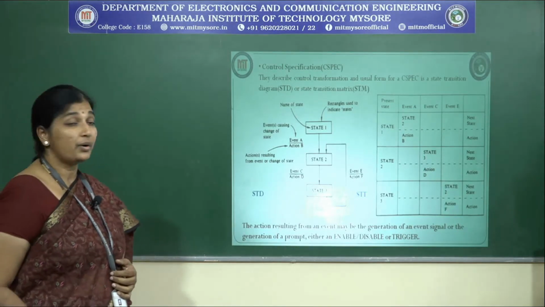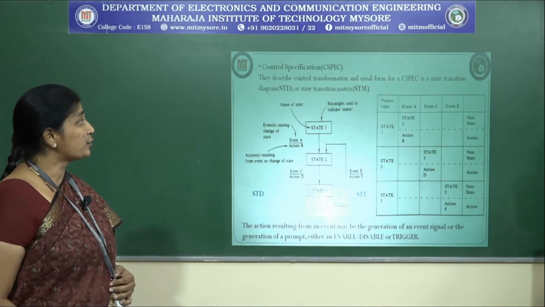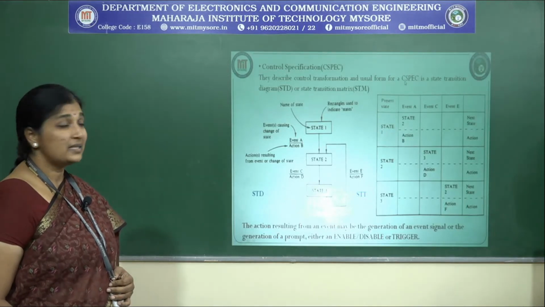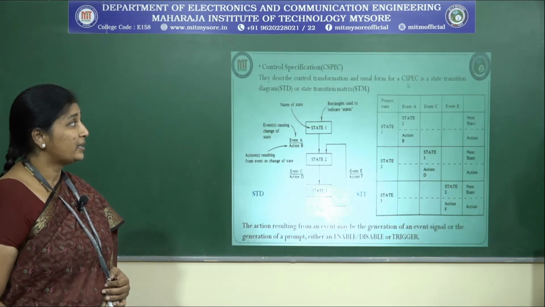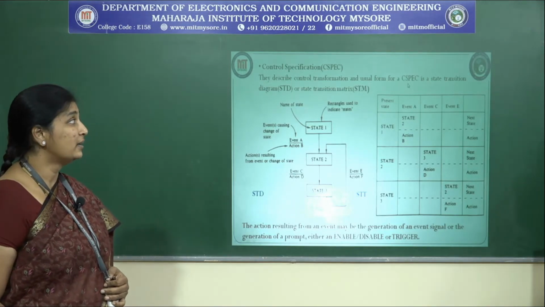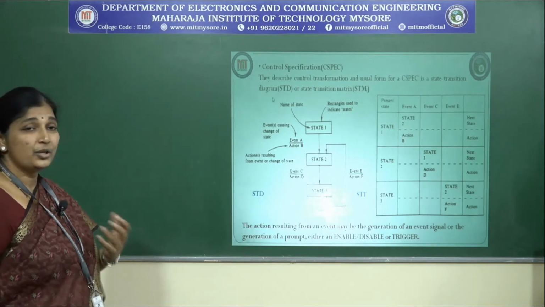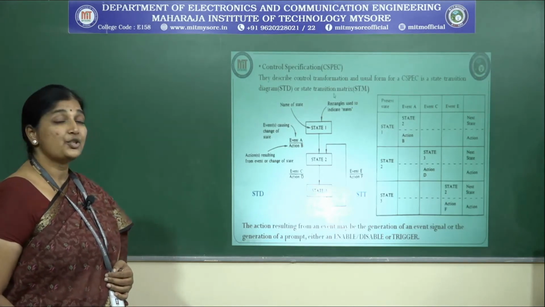Now let us see what it consists of. They describe control transformation and usually form a CSPEC. C stands for control, and SPEC, denoted as CSPEC. It usually consists of a state transition diagram and a state transition matrix.